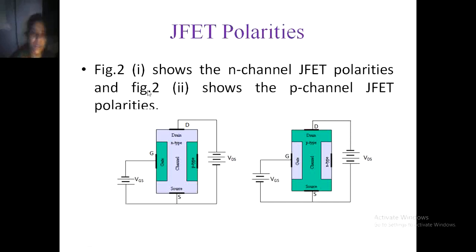These are some important questions while you are preparing for the oral. For the JFET, which things should you keep in mind? What is the long form of JFET? What is the difference between JFET and BJT?